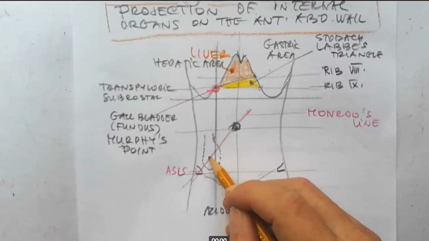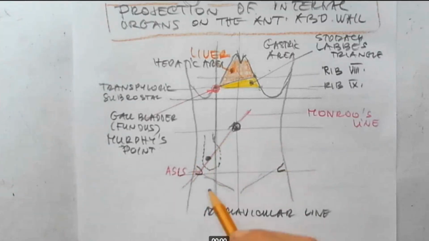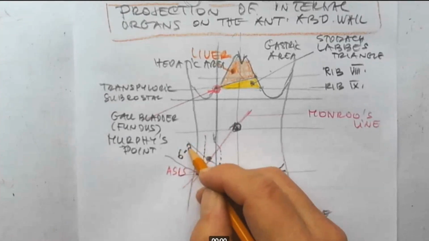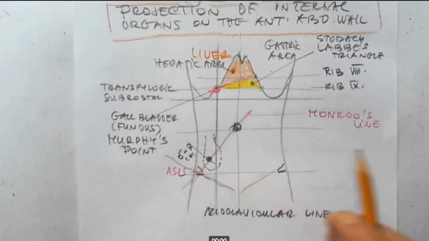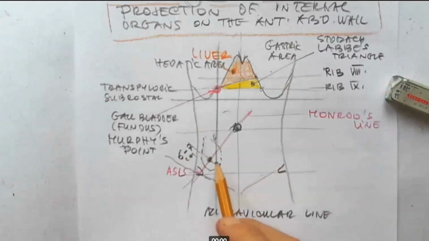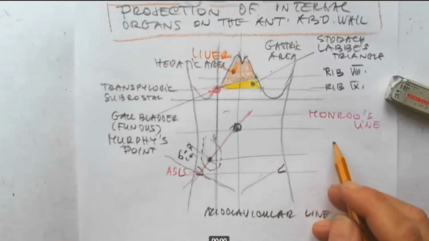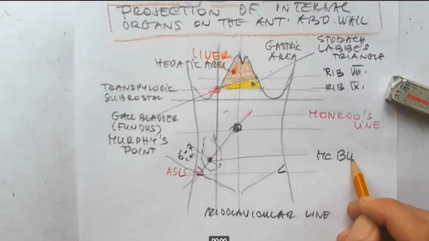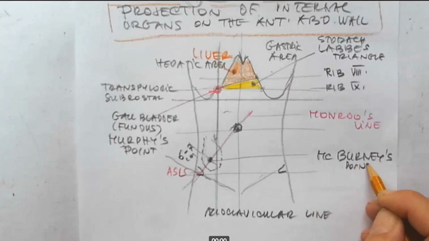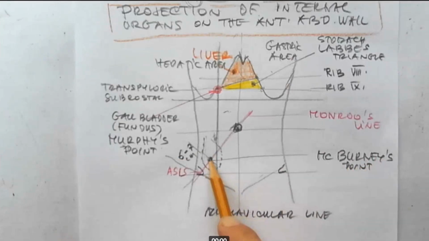Yes, around 6-7 centimeters from the iliac spine. So that distance is 6-7 centimeters, and the darker black dot shows the position of what we call McBurney's point. This McBurney's point indicates the attachment of the appendix to the cecum, not the end.